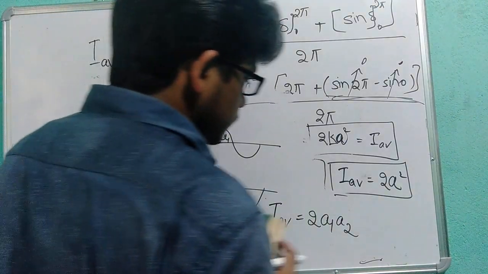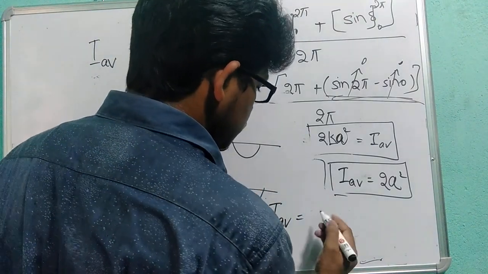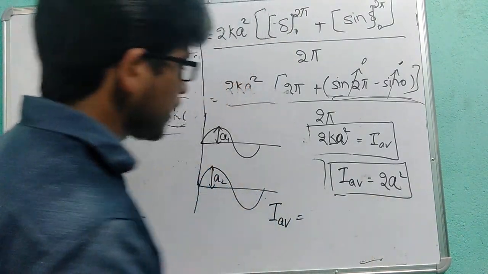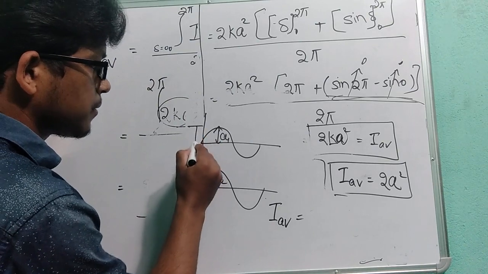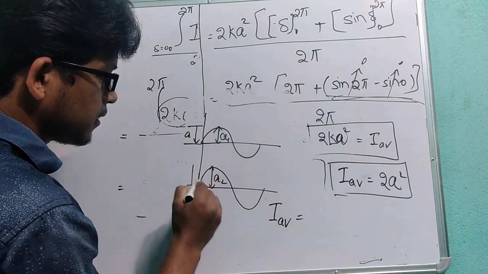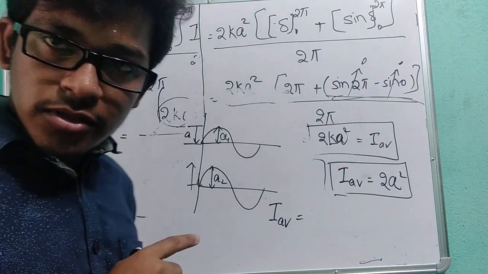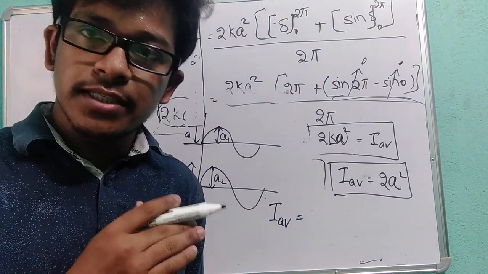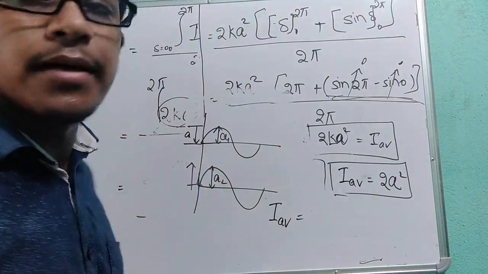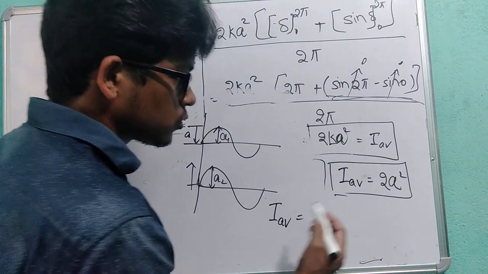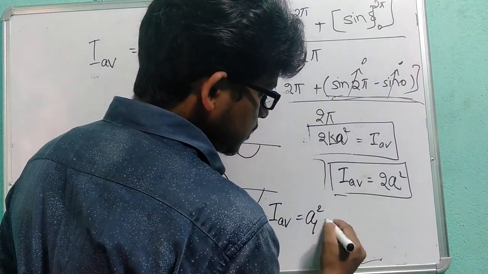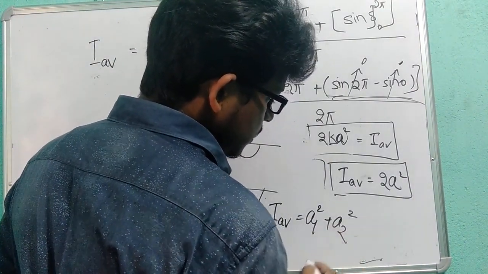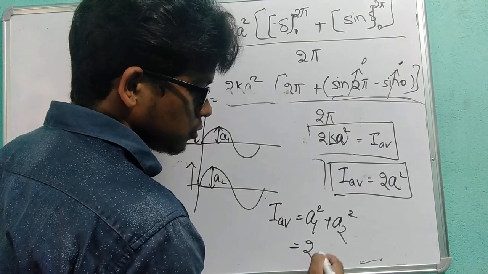No. This one will be, suppose this is A square. I had mentioned, and this has the same amplitude A. While doing Young's double slit experiment, I told you our amplitudes should be the same for coherence. Suppose this is a different amplitude. We'll calculate the average. So we can write A1 square plus A2 square. When they are the same, this will be 2A square.